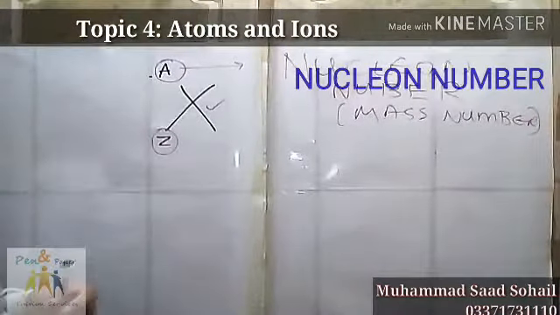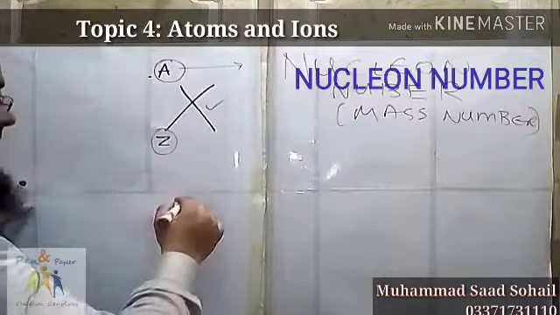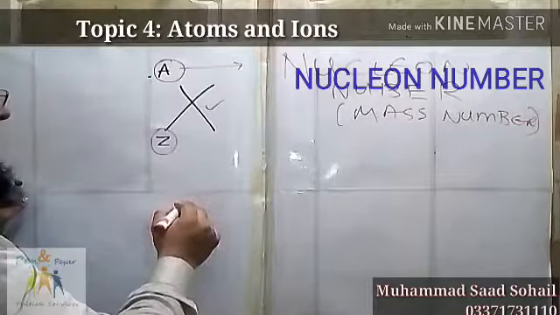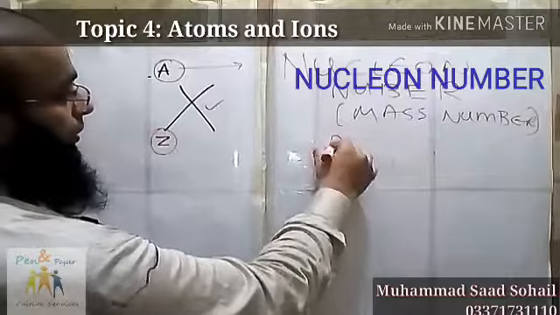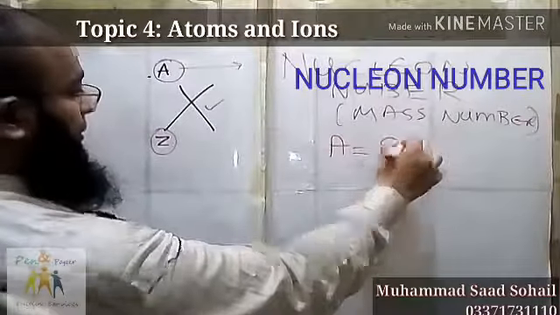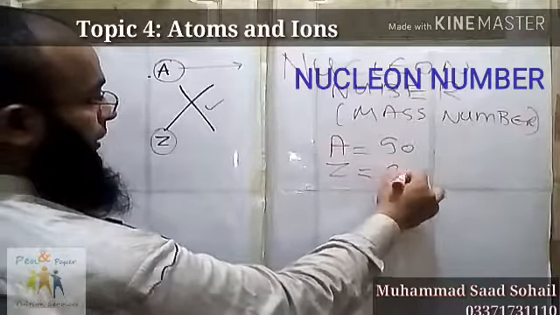Let's say that there is an element. In the nucleus of that element, you have a nucleon number of 50 and a proton number of 20.